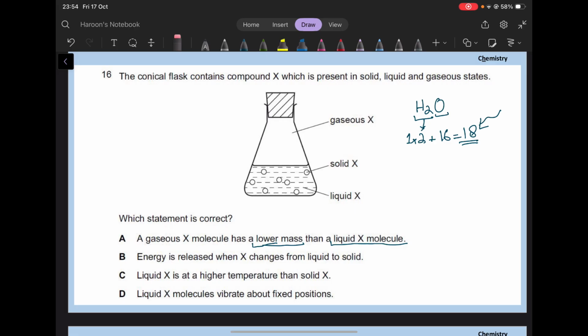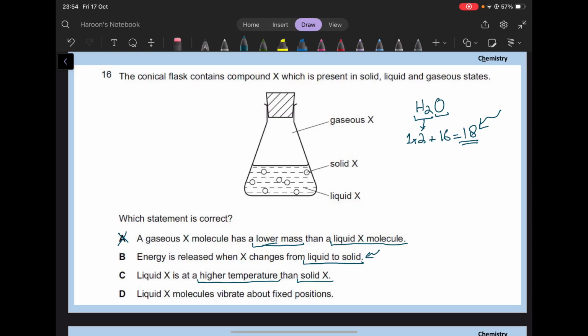It can't have lower mass because it has the same mass. B, energy is released when X changes from liquid to a solid. Let's have a look at option C and D as well. C, liquid X is at a higher temperature than solid X.